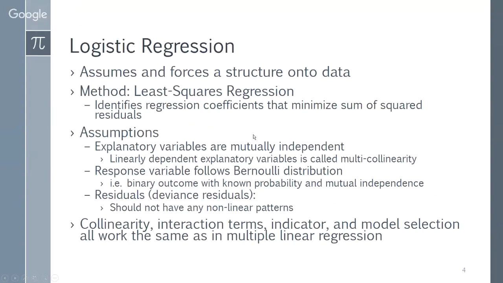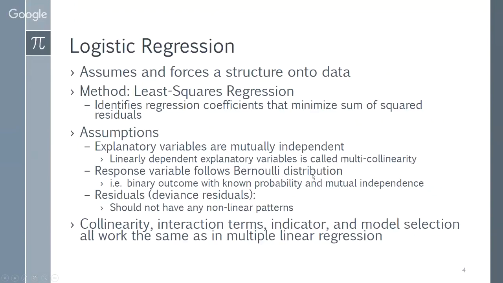The method is least squares regression. That's the same for all of the generalized linear regression models. That being said, it's a little bit weird because of the transformations that we're applying. The assumptions are that the explanatory variables need to be mutually independent. That's the same, so we've got the same multicollinearity problems that we need to worry about. The response variable follows the Bernoulli distribution.